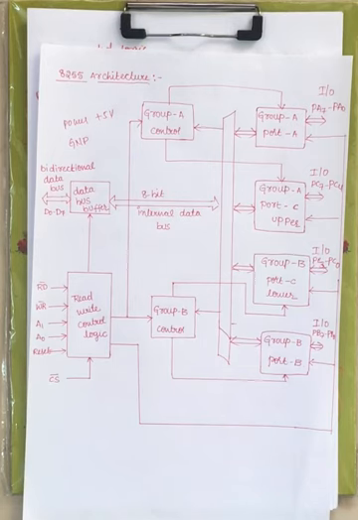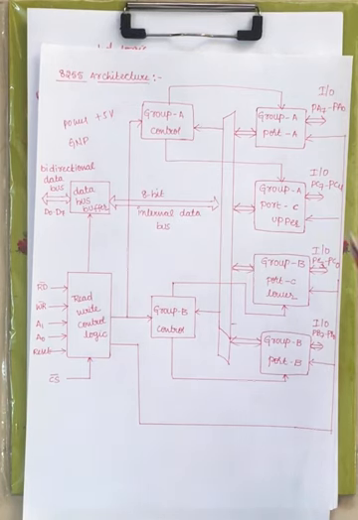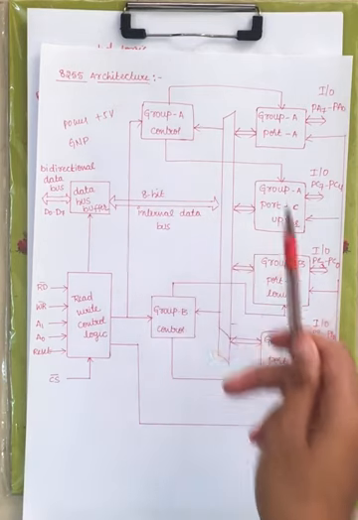Next we have 3 ports, port A, port B and port C, and each port has 8 IO lines, a total of 24 IO lines under your 8255, which are used for input output operation.